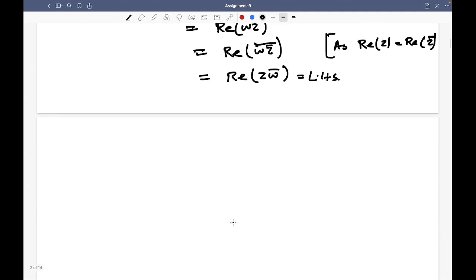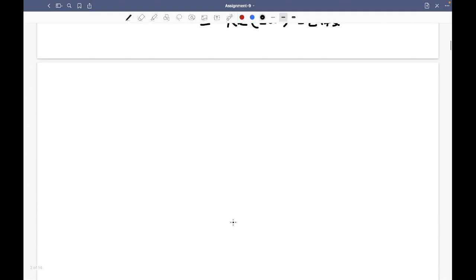And what is the third condition? It's Z comma Z. We have to check that this should be non-negative. So what is Z comma Z? For the same number, Z comma Z is the real part of Z Z bar, which is the real part of mod Z square.